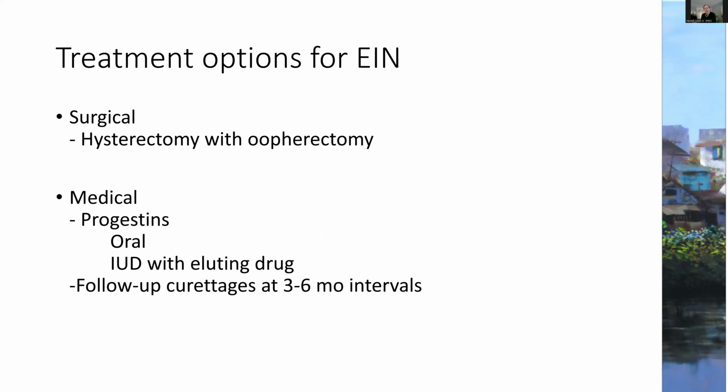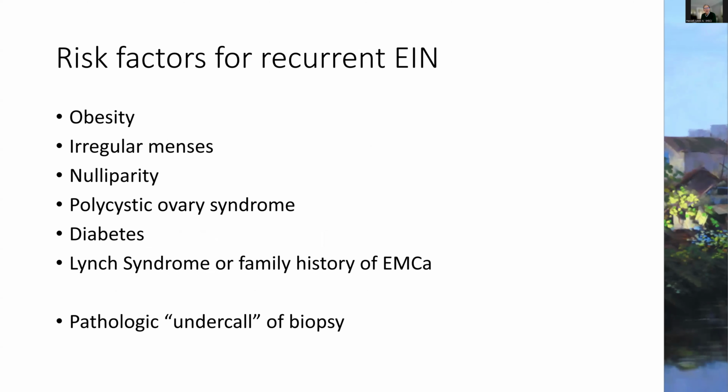And when speaking of follow-up, the usual scenario is to weigh some of these risk factors. Of course, any of these are essentially factors that promote or are associated with a high level of estrogenic activity: obesity, irregular menses, nulliparity, polycystic ovary disease, unopposed estrogens, and so forth.